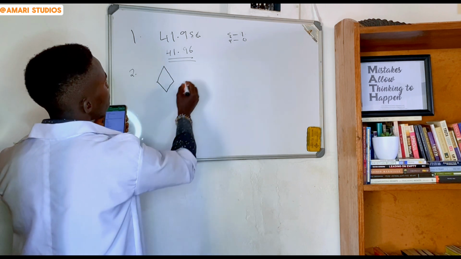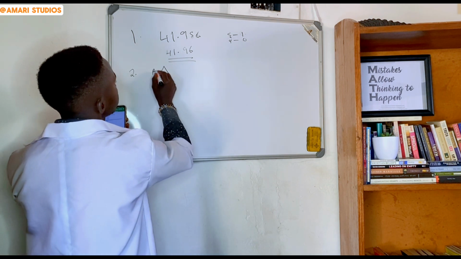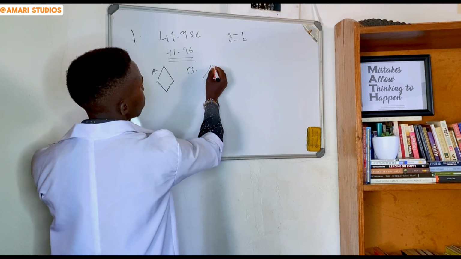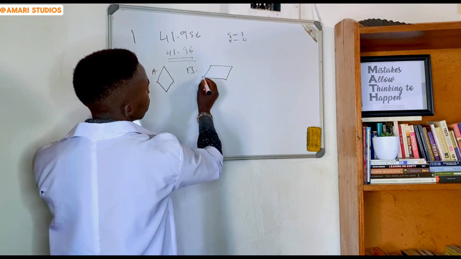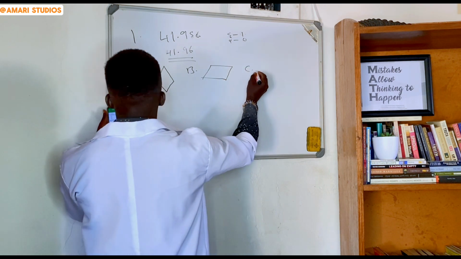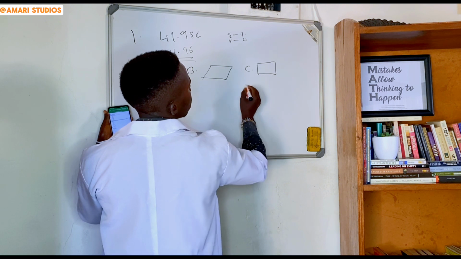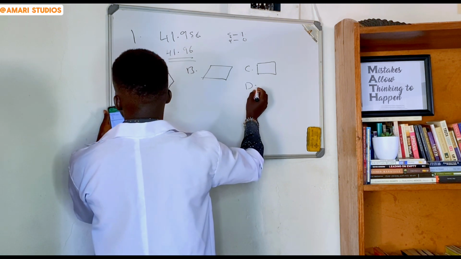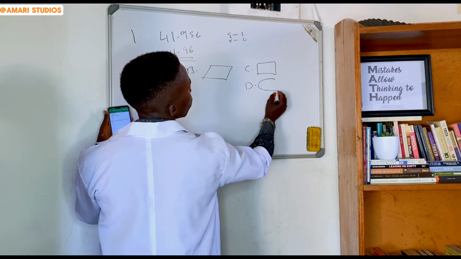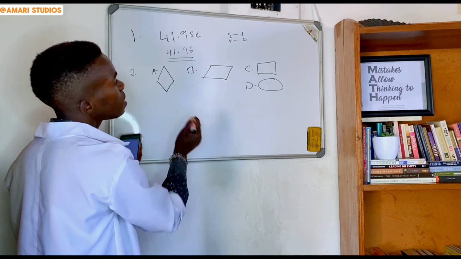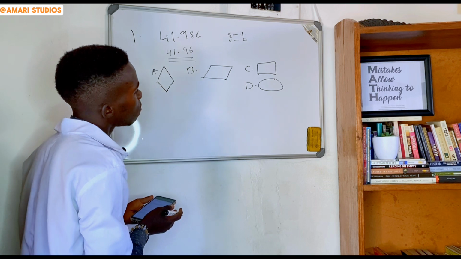B, we have a parallelogram. Then C, we have a rectangle. Then lastly but not the last, D, we have an oval. So now, which of these shapes represents the start of a program in a flowchart?